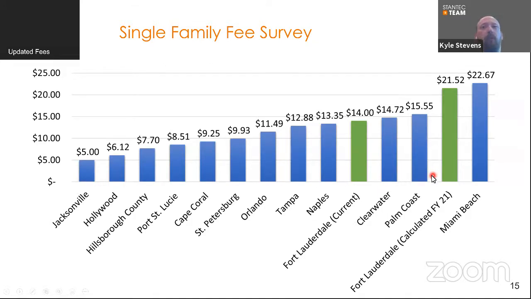A couple key things, though, whenever we're doing these surveys that I like to mention is one, there really is a key correlation when we start to look on the right side of the screen of communities that are abutting waterways. And when you are close to the water and you have to deal with that in your stormwater fund, it typically costs more money. Many of these communities off to the right we will see are very much coastal communities dealing with the same pressures that Fort Lauderdale sees.